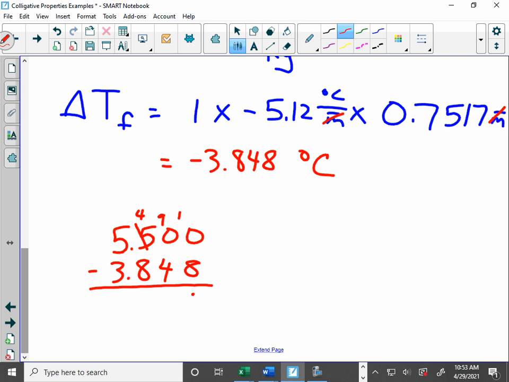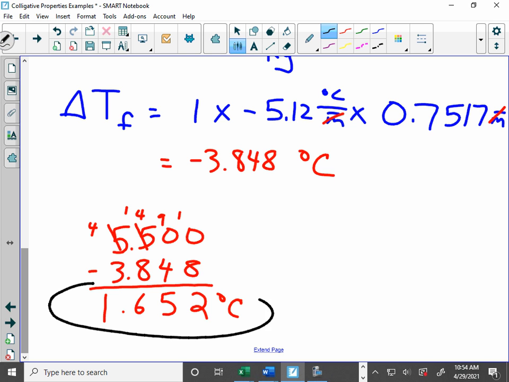So that's going to give me 1.652 degrees Celsius. That is going to be my new freezing point.